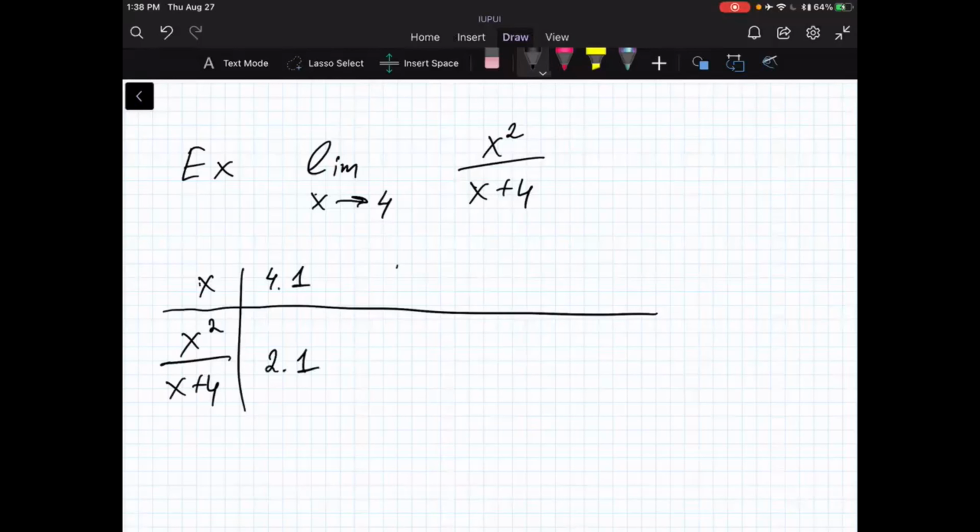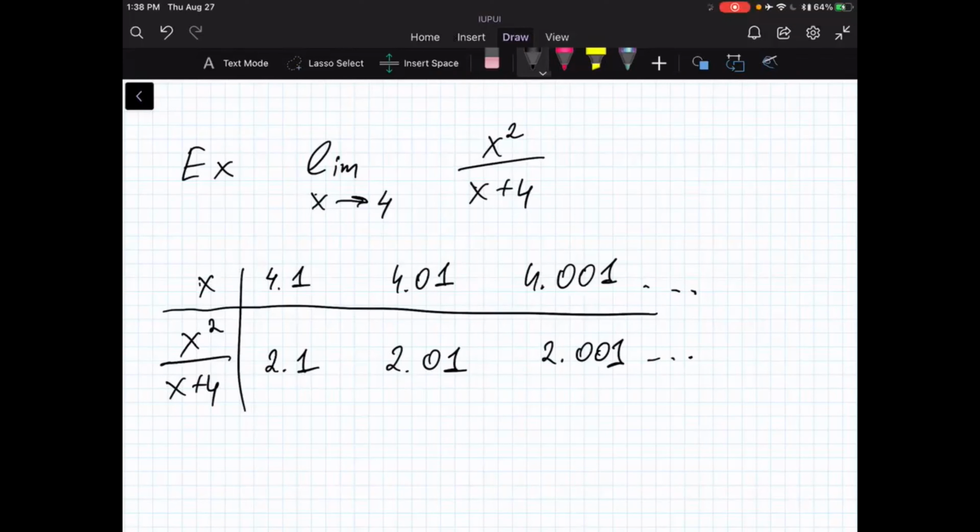And when x is 4.01, it will give you 2.01. And 4.001 will give you 2.001, and so on. So you see that on the top, our x is becoming closer to 4, while on the bottom, the value of our function is approaching 2.